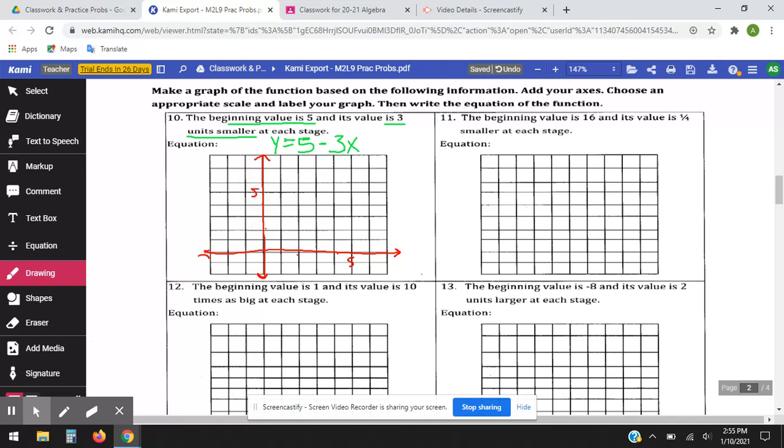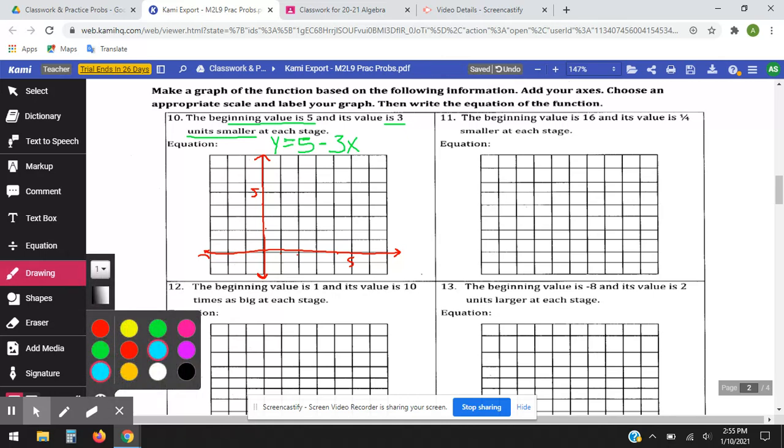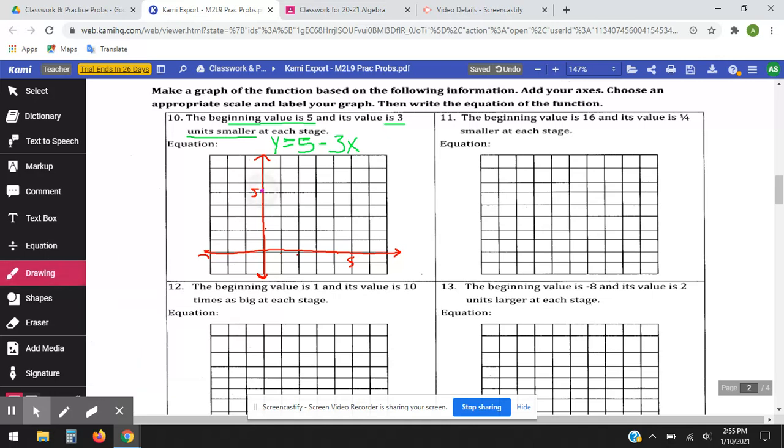And so my beginning point is 5. Let's do a purple for this. My beginning point is 5, and I'm going down 3 every time I go over 1. My slope is -3 over 1. So therefore, I've got my crossing here. All right, next.